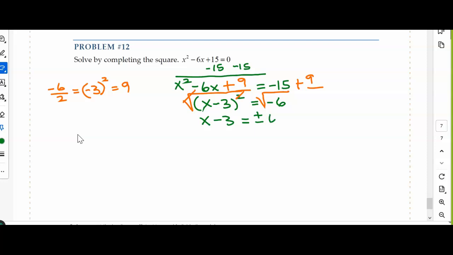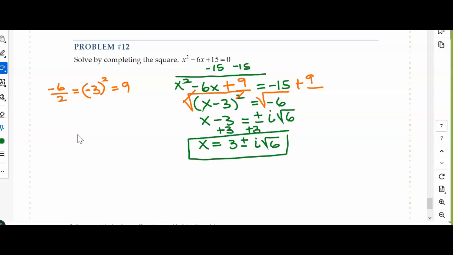So plus or minus i, and then square root of 6. Square root of 6 can't simplify anymore because there's not 2 of the same factors in there. And then all that's left to do to get x by itself is add the 3 over. And again, remember to add that in front of your plus or minus sign. So I get x equals 3 plus or minus i square root of 6.